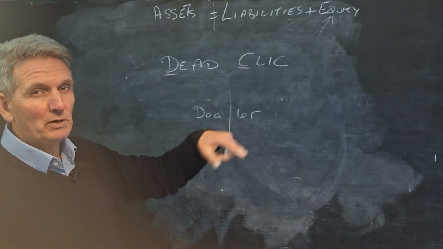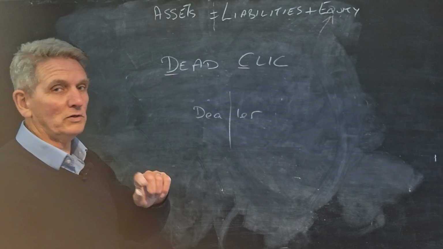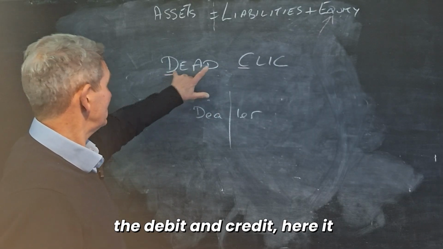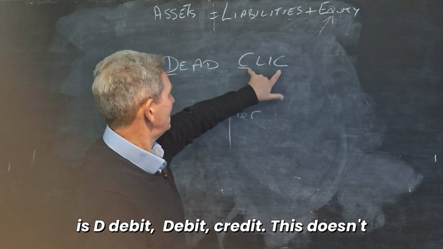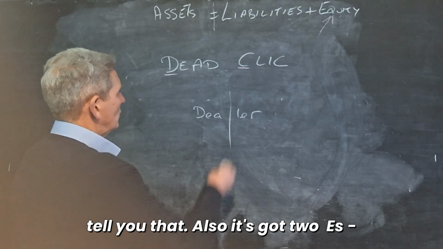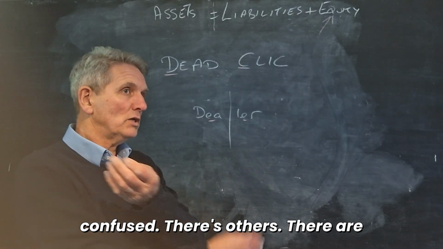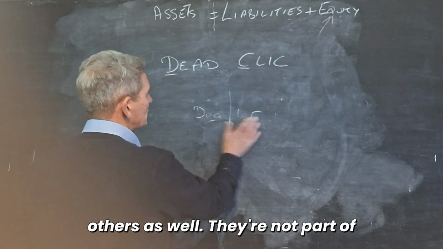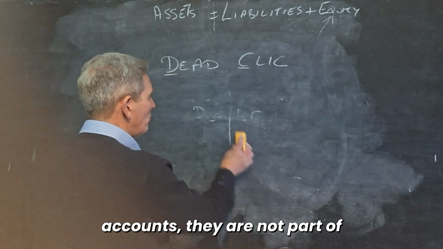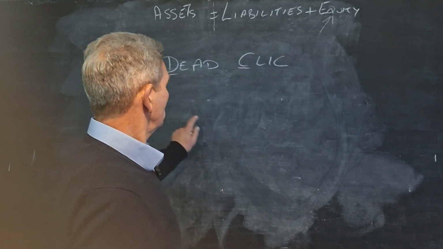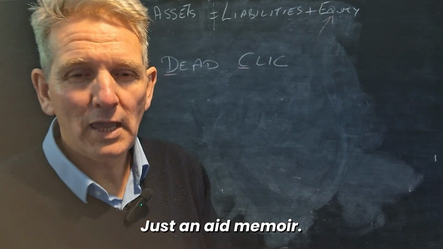Especially when you're beginning bookkeeping, it can be really easy to forget which side the debit is and the credit. Here it is, debit, debit, credit. This doesn't tell you that. Also, it's got 2 E's, equity and expenses. Could get confused. There are others as well. They're not part of accounts, they're not part of bookkeeping, they're just mnemonics. Just an aide-mémoire.